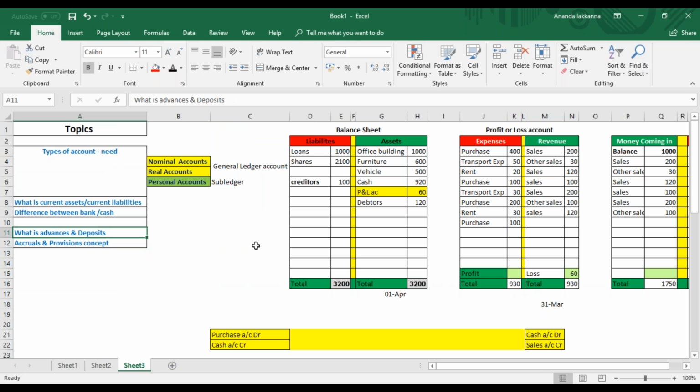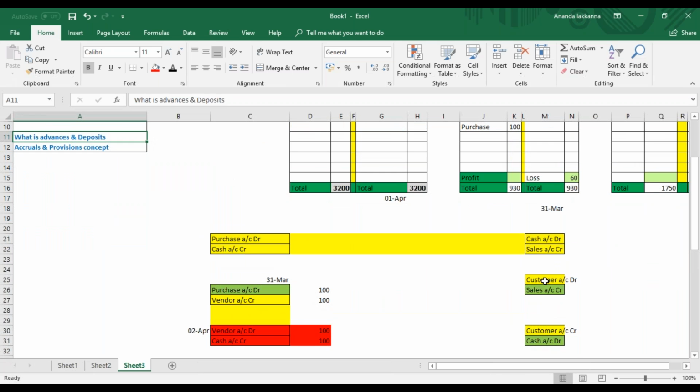Next, we have advances and deposits. Advances and deposits are nothing but simple entries. Let me take a simple example. You want to sell some product to a customer on credit basis, but sometimes the customer will ask for special products.